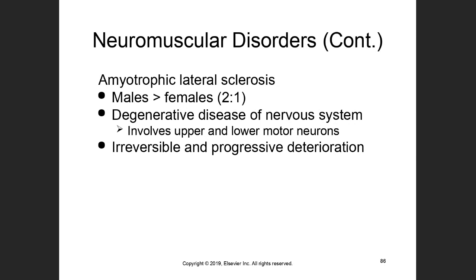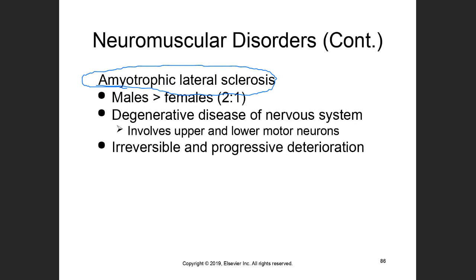Do you remember the Ice Bucket Challenge? The Ice Bucket Challenge was for this disease, to raise money for research on that condition. Another name is Lou Gehrig's disease, because a famous baseball player developed the disease, and a lot of people know the disease because of him.